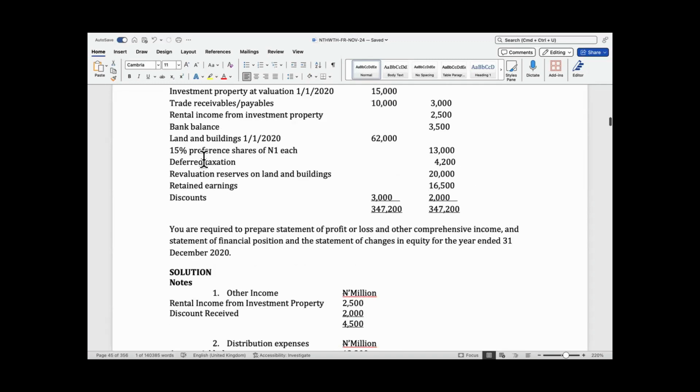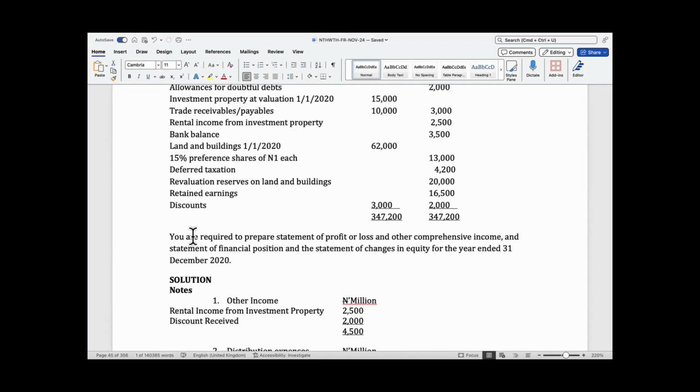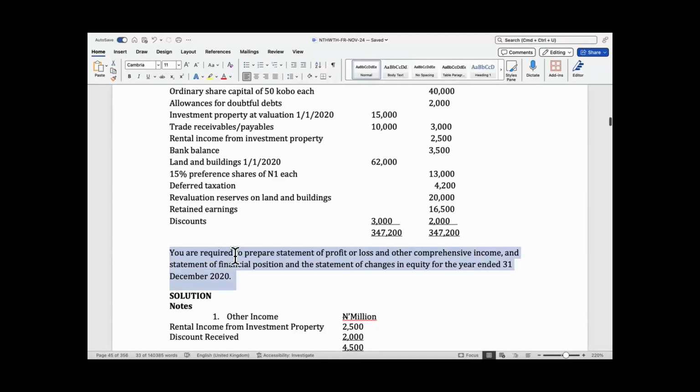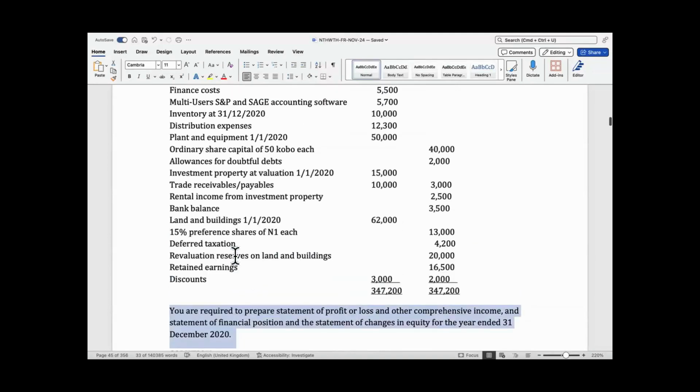And it said that you are required to prepare statements of profit or loss and other comprehensive income and statement of financial position and statement of changes in equity for the year ended 31st December 2020. Okay, so this one is a very straightforward one. It won't come like this in the exam.